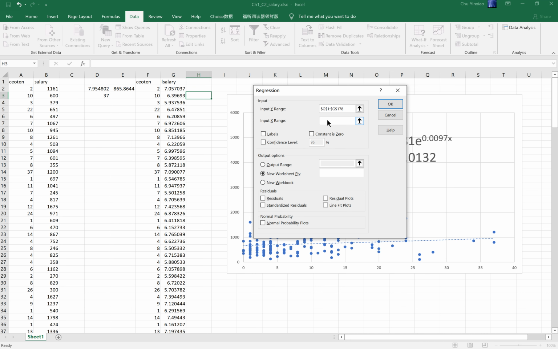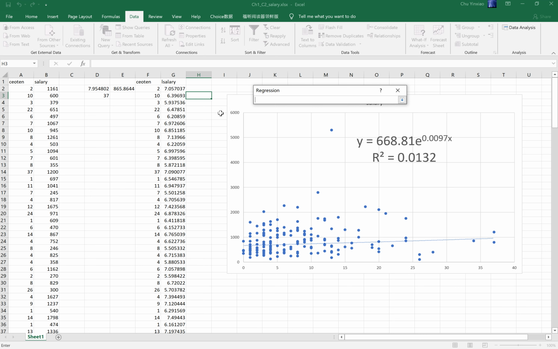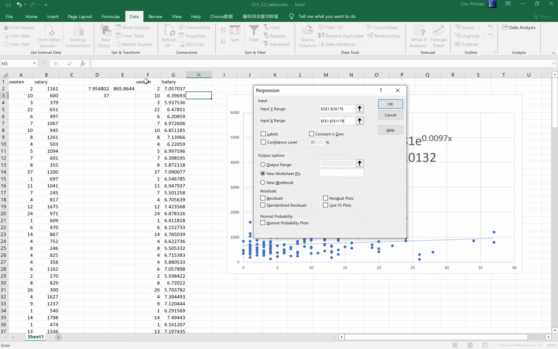And for input x, we choose the F column. Click Labels here, and let's just press OK.